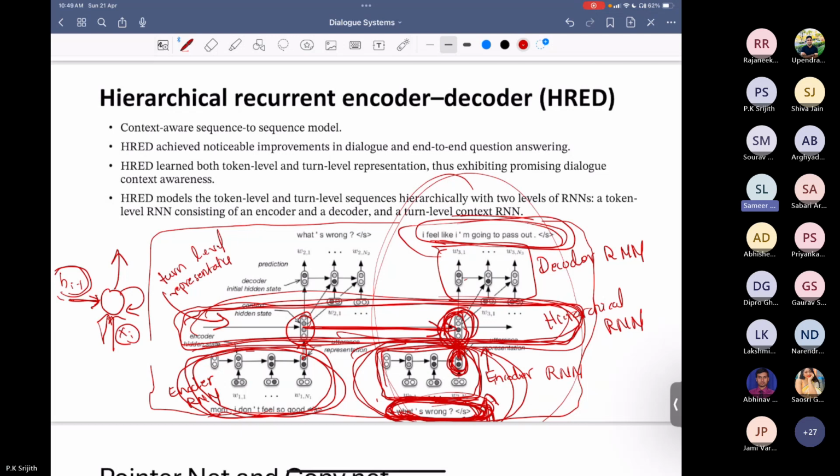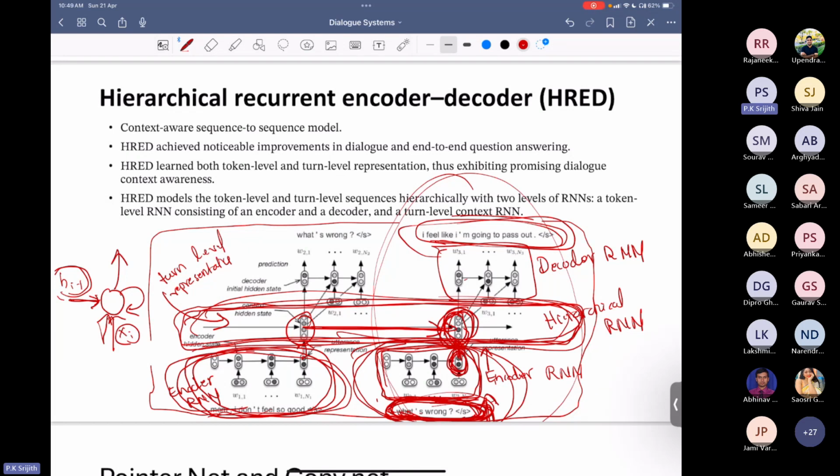Only the middle layer of RNN, that is the turn level context RNN, and other parts of the architecture form components of the token level RNN. So this is the token level RNN, which tries to encode your message to get some representation of the message.